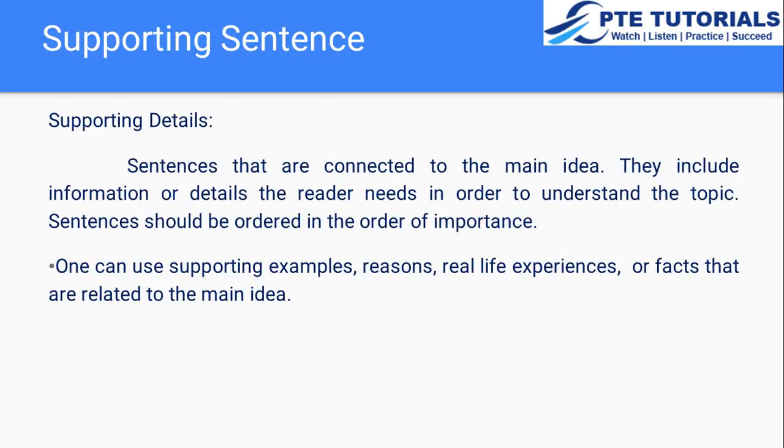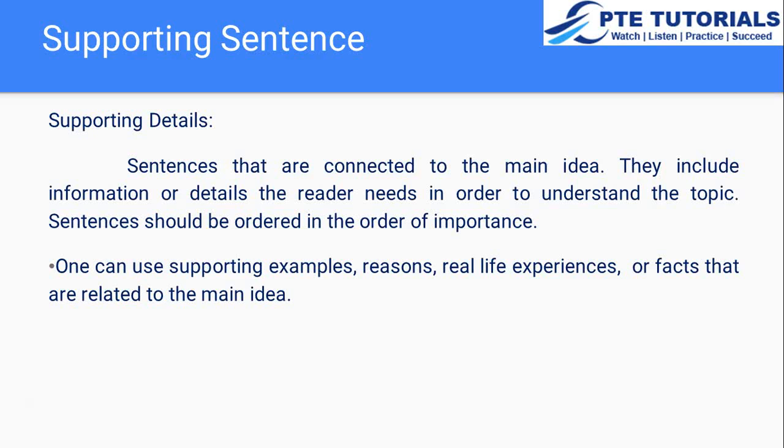Now, a supporting sentence. What goes into those? They're connected to the main idea of the paragraph. They include information or details that the reader needs in order to be able to understand what the main idea is and for them to learn how you're supporting that main idea.